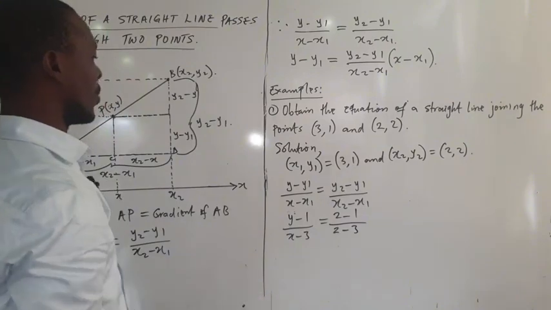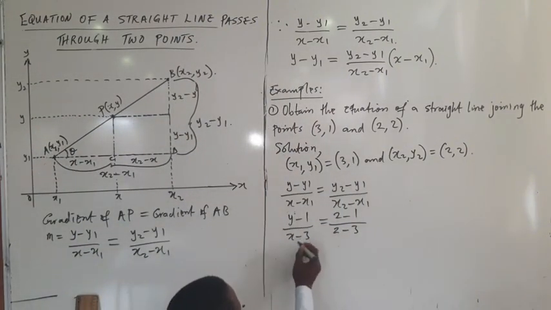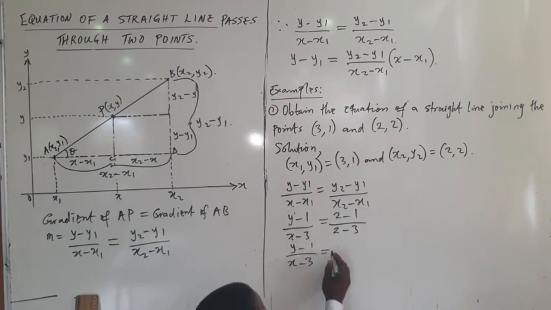So we now simplify: y minus 1 over x minus 3 equals 2 minus 1, that's 1, over 2 minus 3, that's minus 1.